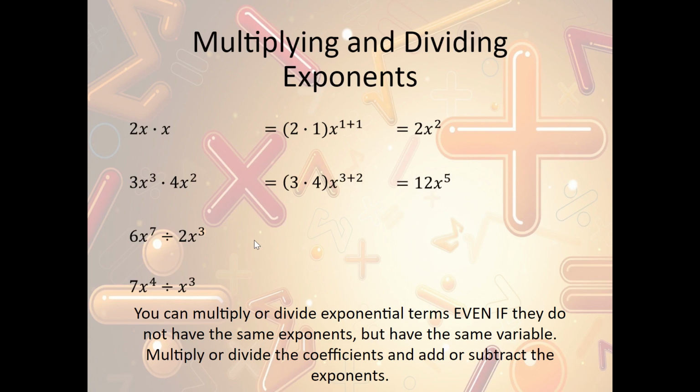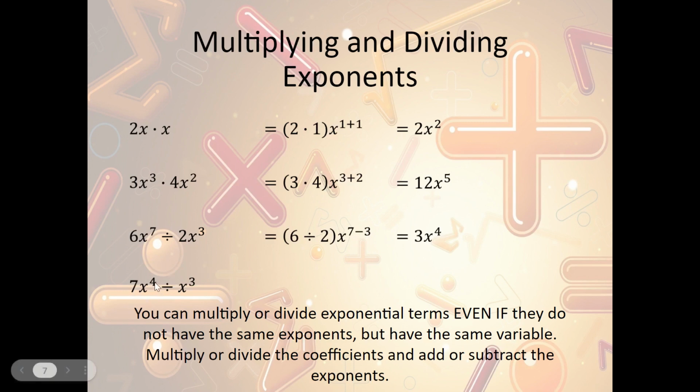Now division is just the opposite, so we're going to divide the coefficients and subtract the exponents. So we get 6x to the 7th divided by 2x to the 3rd, so we're going to divide the coefficients, 6 divided by 2, and then subtract the exponents, so it's x to the 7 minus 3rd power. So 6 divided by 2 is 3, and 7 minus 3 is 4, so we get 3x to the 4th.